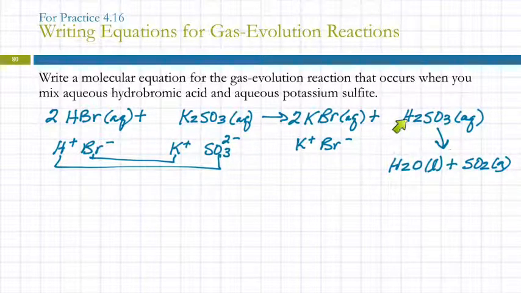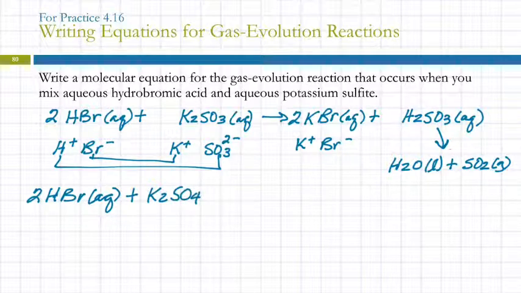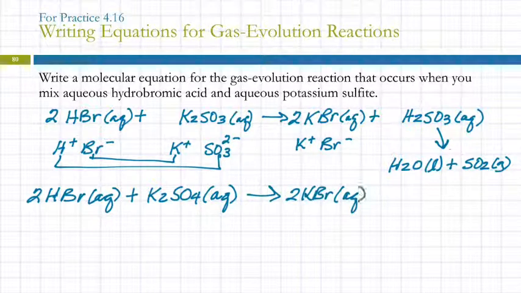I only have 1 of these, and it's going to decompose into these 2 things. So I'm just going to rewrite this. 2HBr aqueous plus K2SO3 aqueous will form 2 KBr aqueous plus H2O liquid plus SO2 gas.